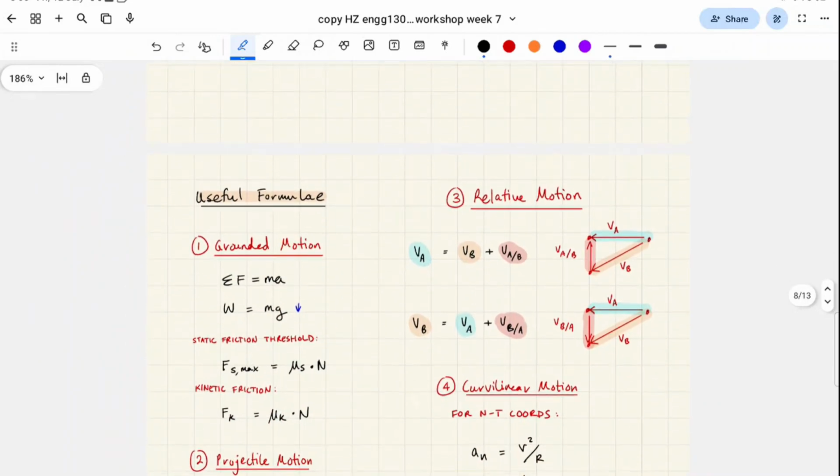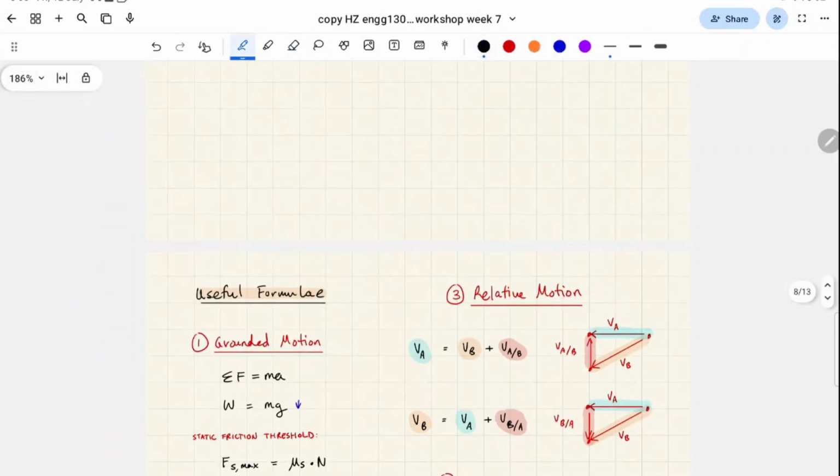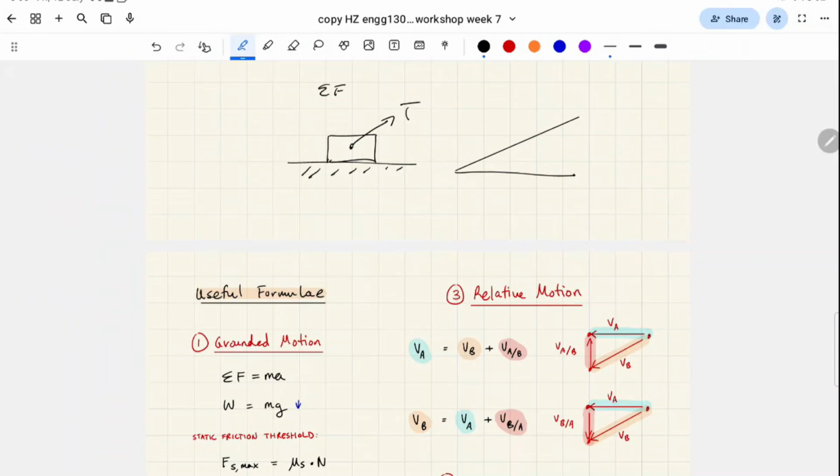So again, I've included this, but this is technically a part of next week. It's kind of weird, right? The way they generally teach particle dynamics in this course is they like to teach you Newton's second law for very basic cases first. So you're taking the sum of the forces for incline and flat ground, and you have friction involved and whatever.